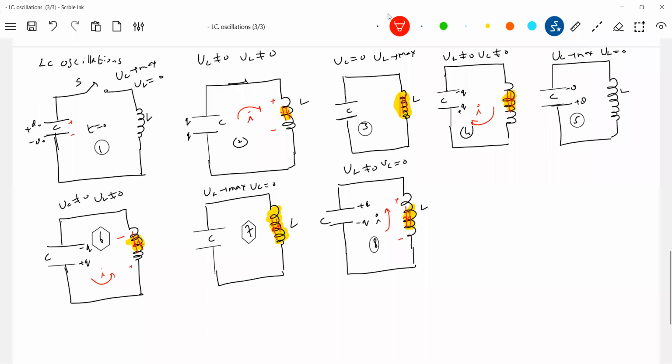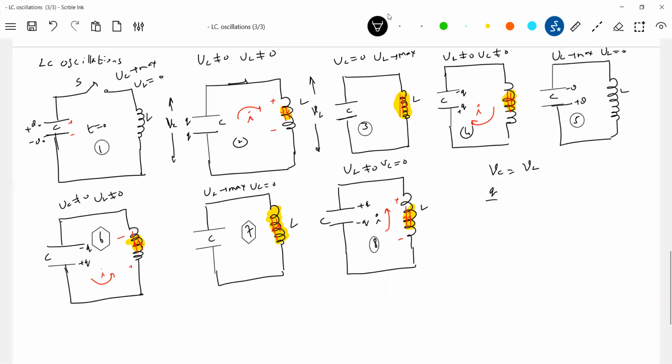So I want to find out the time period of oscillations here. For that, let me take this equation. Now how are they connected? Look at the second diagram, or you can take the fourth diagram. Let the drop across the capacitor be VC and the drop across the inductor be VL. VC is equal to VL.